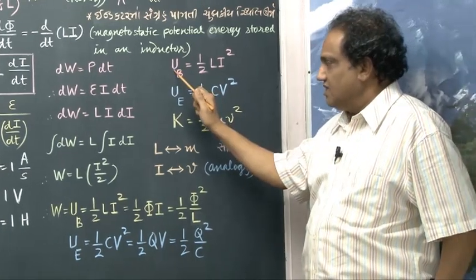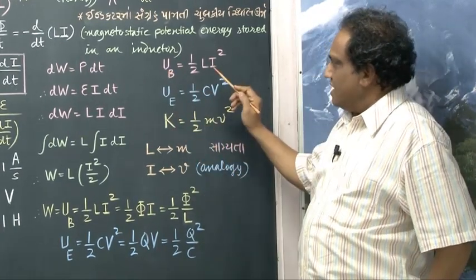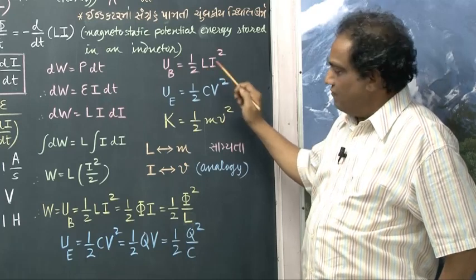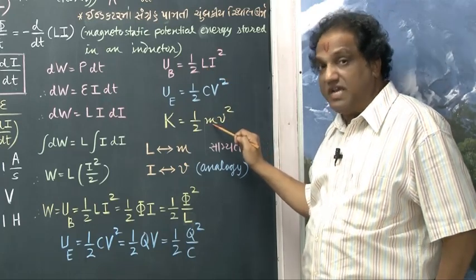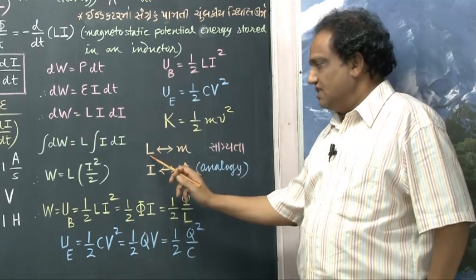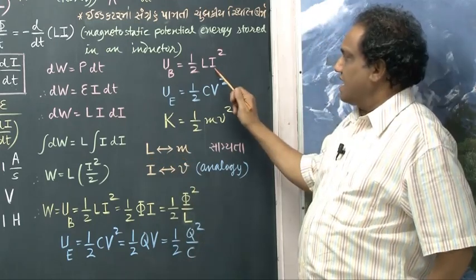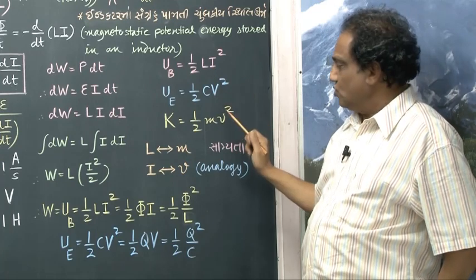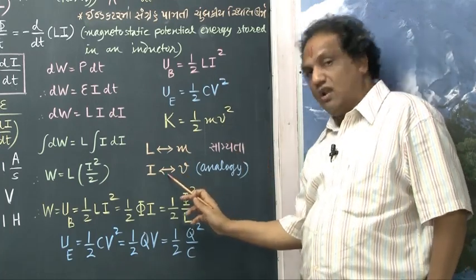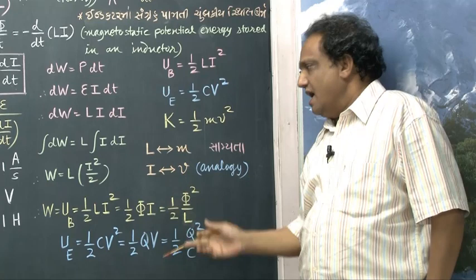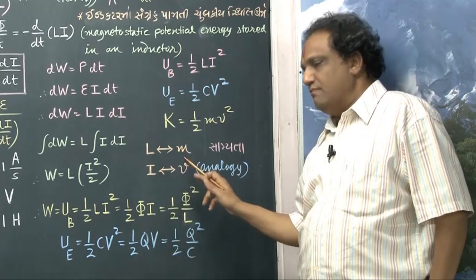This is also energy, this is also energy. But here this self-inductance is analogous to mass in mechanics. Similarly, this current is analogous to velocity. So there is an analogy between current and velocity and between self-inductance and mass.